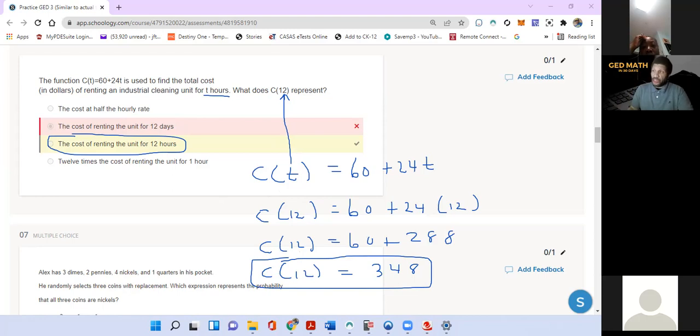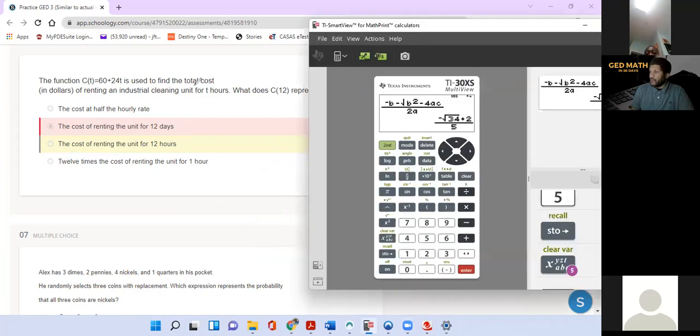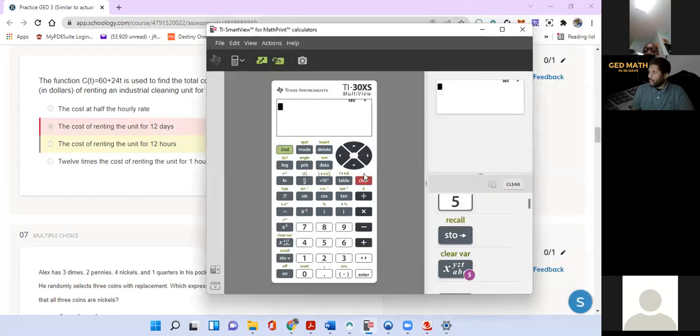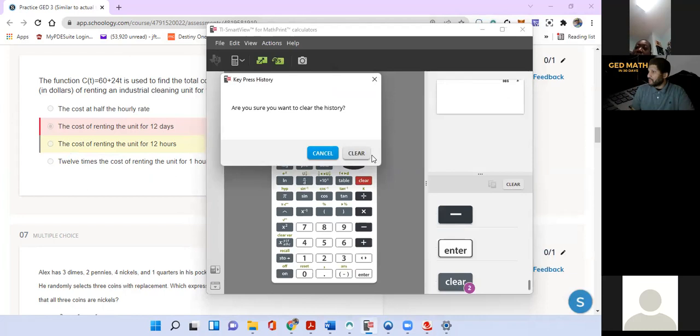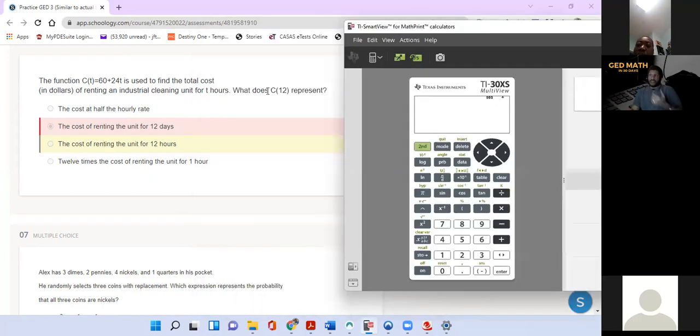Now, with your calculator, this is a much easier problem. Let me grab my calculator. Oops, that's the quadratic formula. Let me clear that out. On the exam, they're using the variable t.